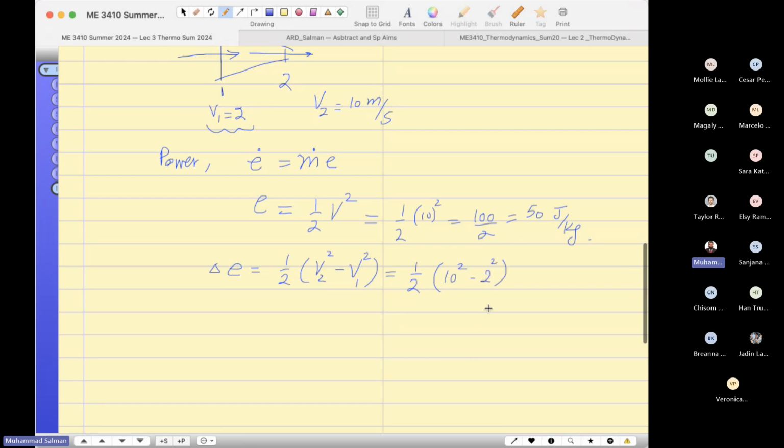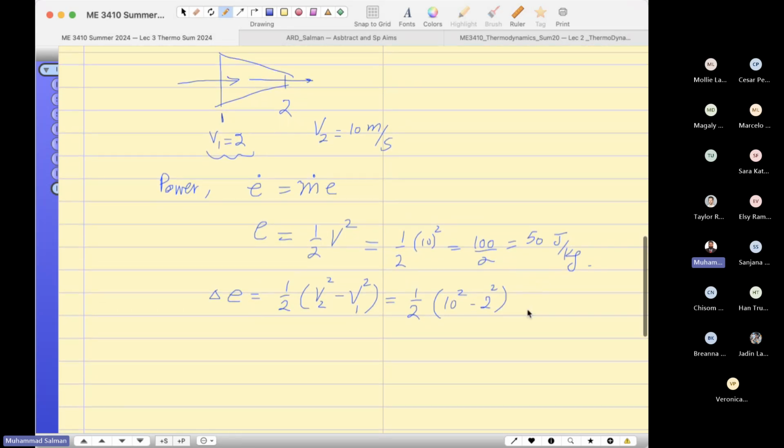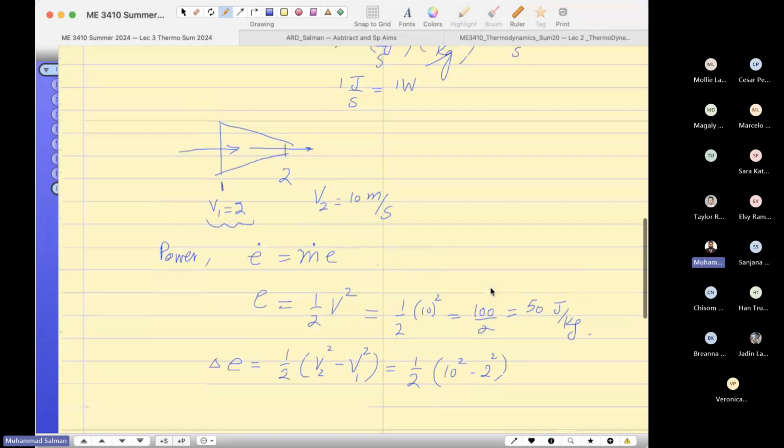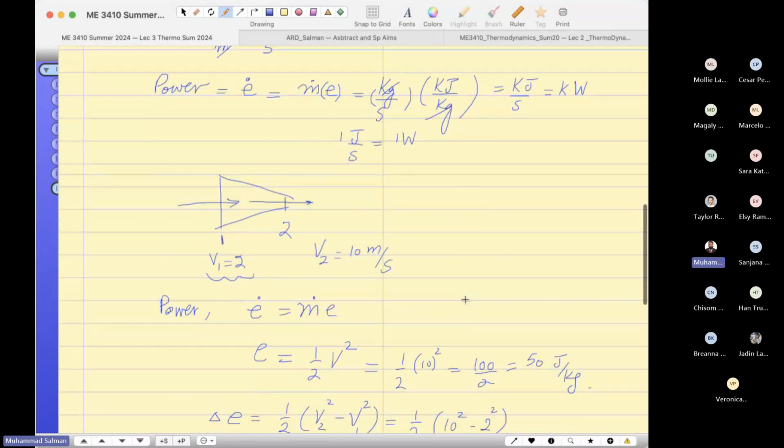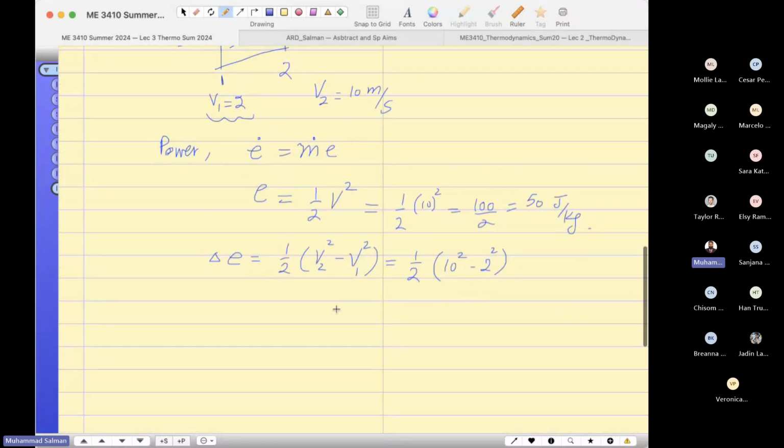Okay, guys, now in order to get this answer, let's find out. One more thing I want to mention here, this is in joules per kilogram. And now if I multiply, what is mass flow rate? If it is water, you can say mass flow rate of water.